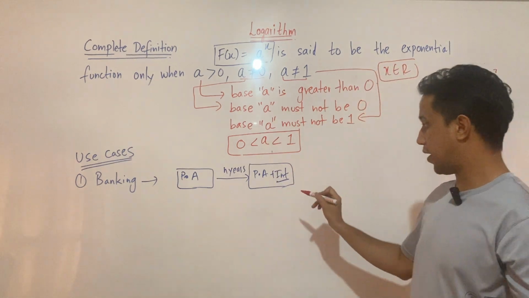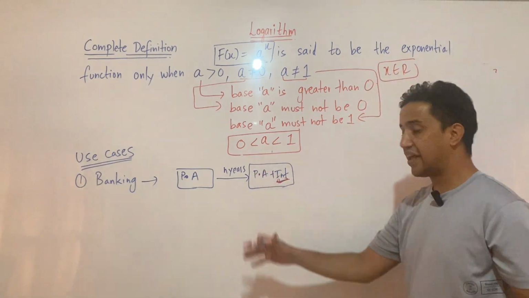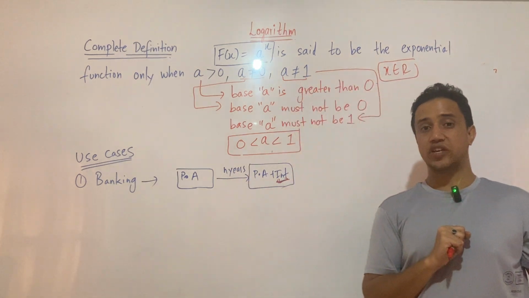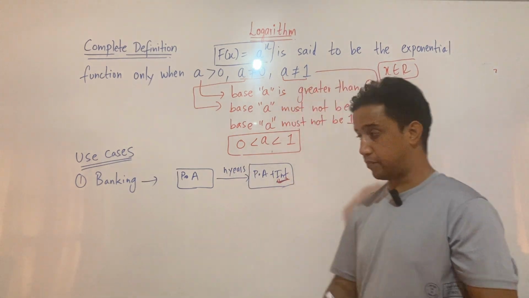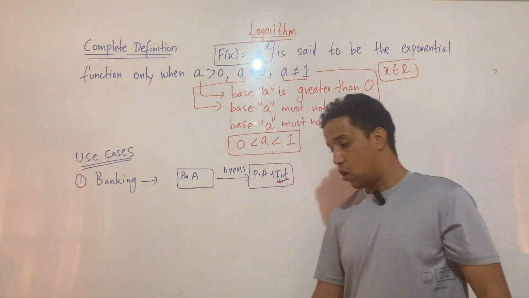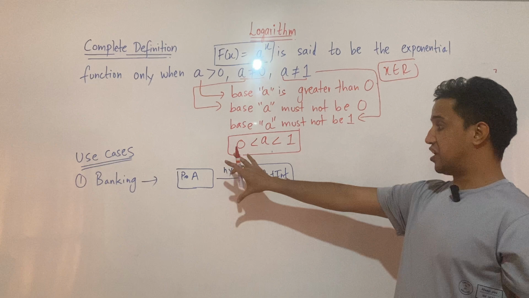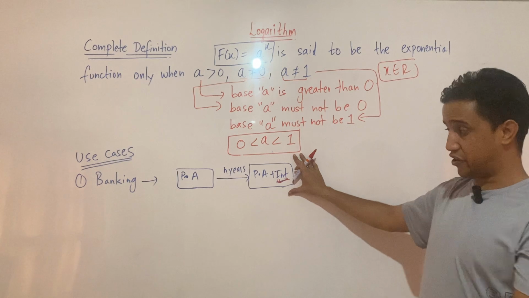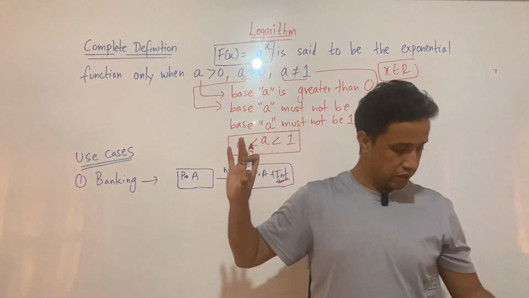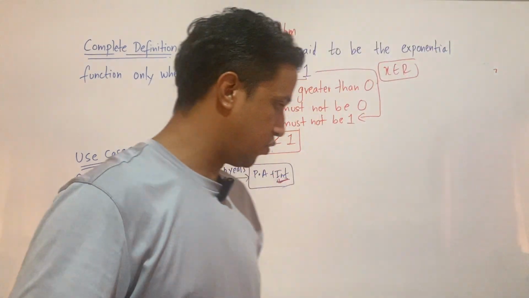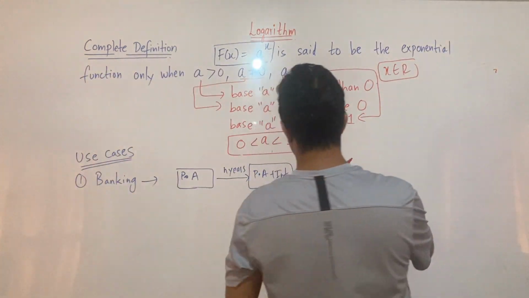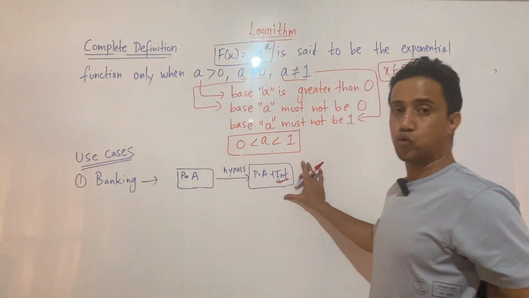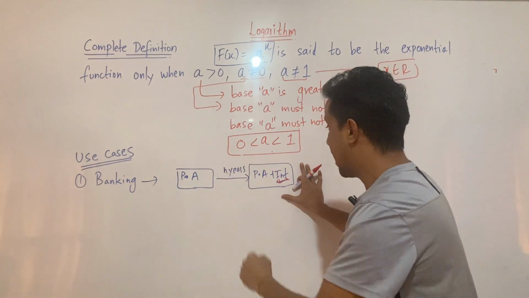So the bank gives interest on your principal amount when you keep your money in the bank for a certain number of years. Then when you are allowed to take that amount away from the bank, you have two options: either you take it away, or you can keep the same amount with the bank for another n years.